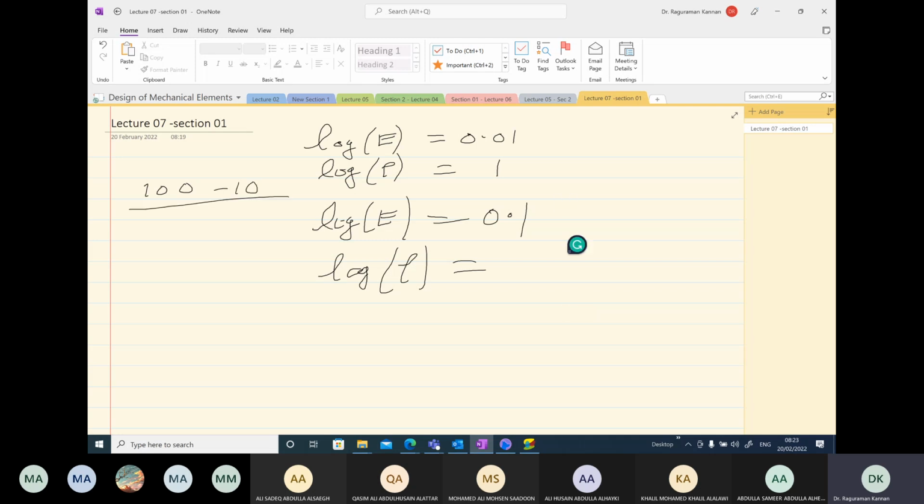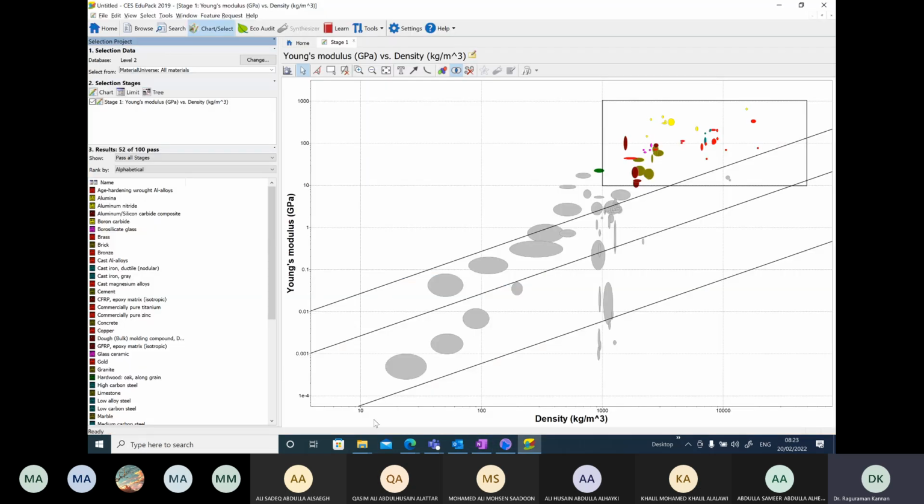And then we have 10 divisions. So multiply this. First, let's find this value. We have 90 by 10, so approximately 9.